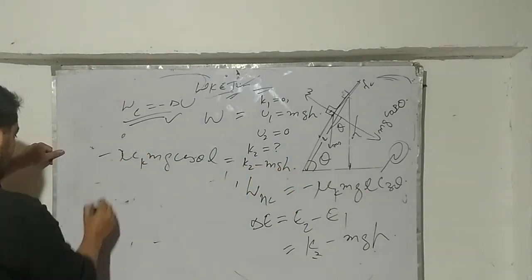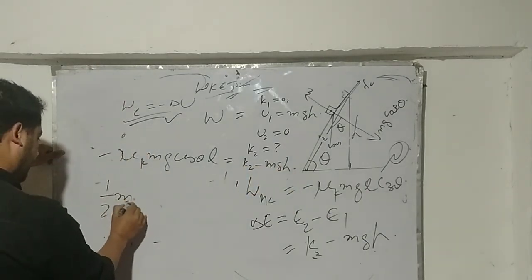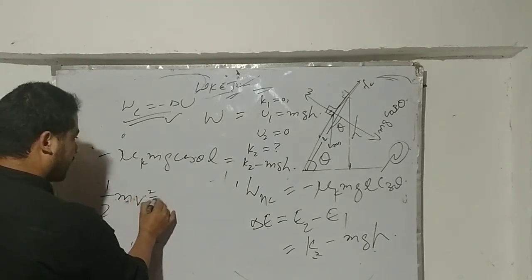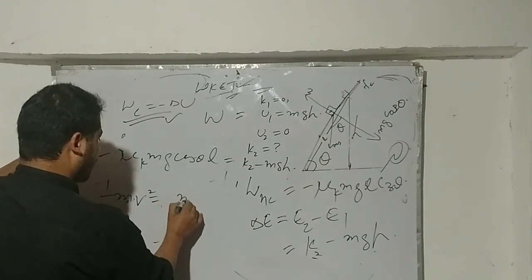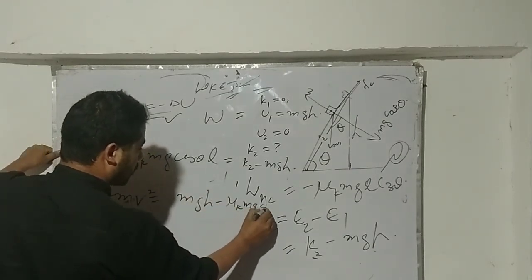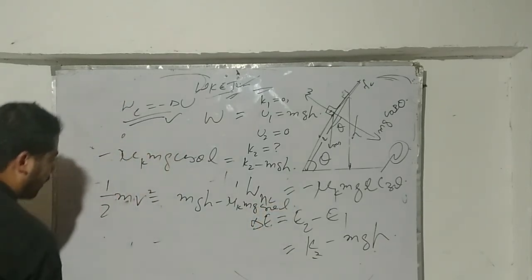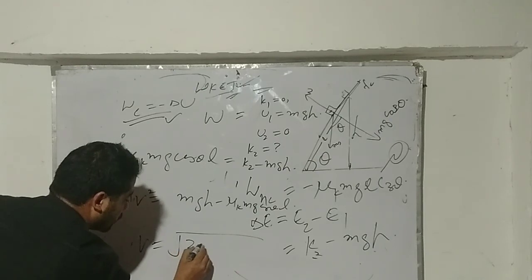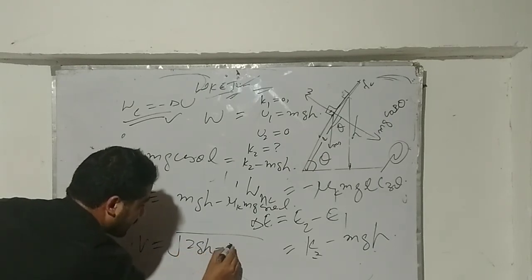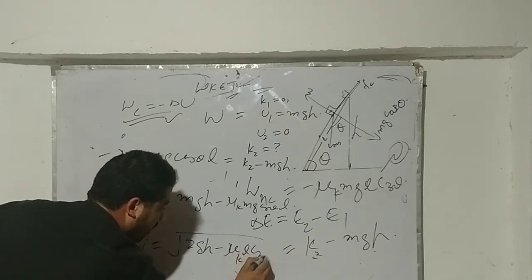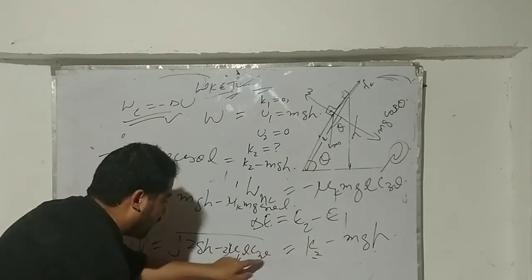I can write the definition of the kinetic energy, half m V squared. So half m V squared equals mgh minus mu k mg cos theta L. If I want to know my V, it will be the square root of 2gh minus 2 mu k g L cos theta.